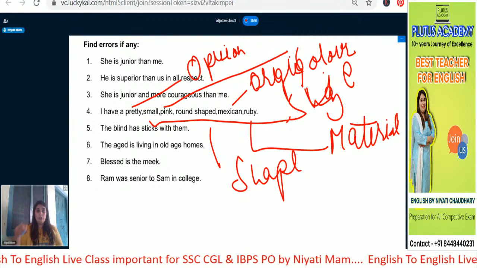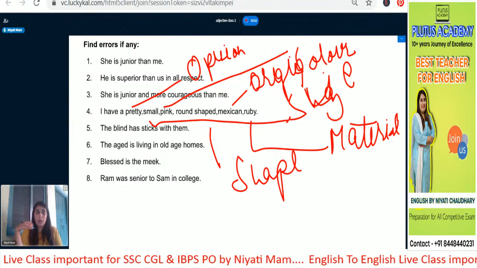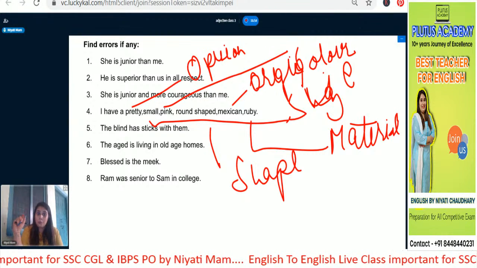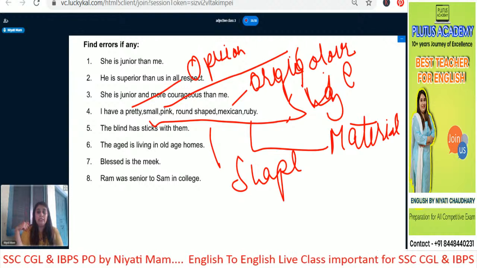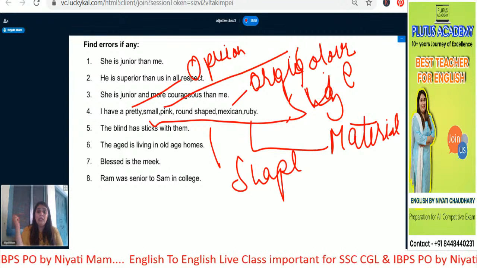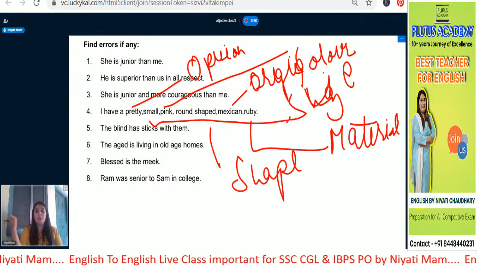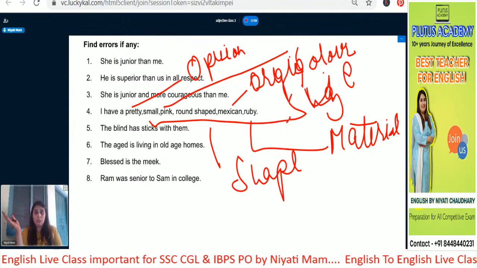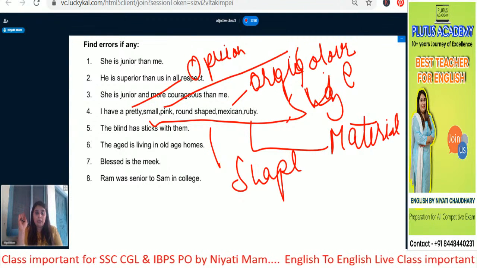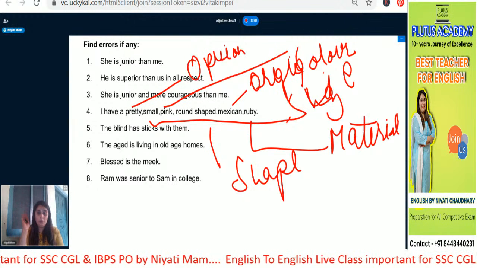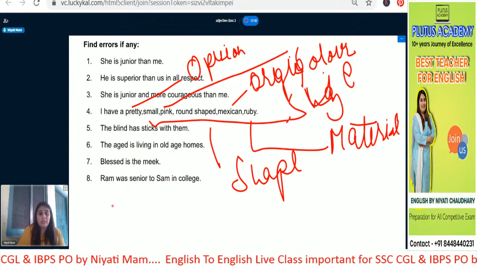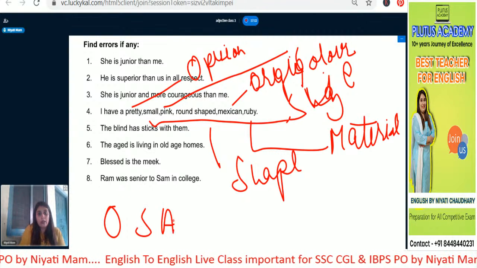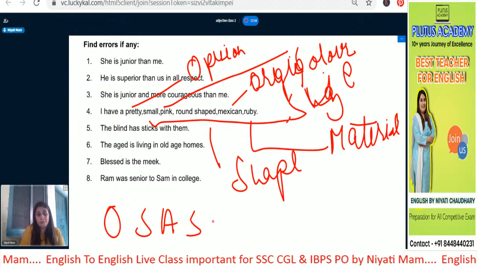So if I talk about the order, then the order which is given to us is first opinion, then size, then shape, then color, then origin, and then finally we are talking about the material. Is that pretty clear to you now? Our rule is we need to follow the OSASCOMP form.